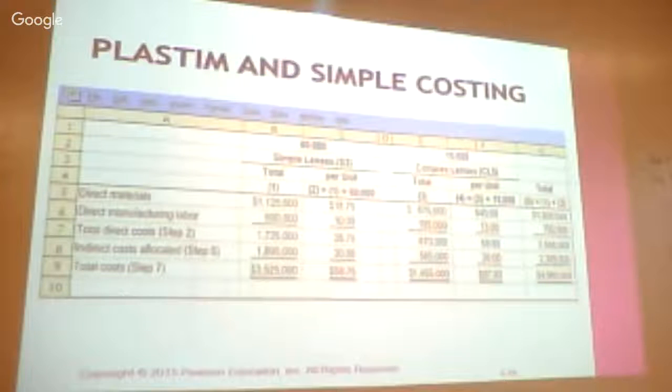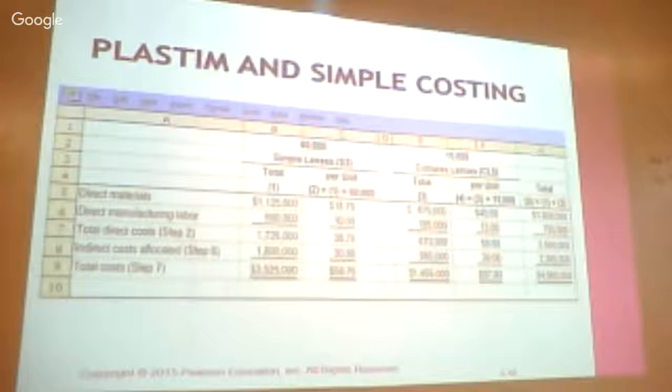Anybody? Yeah, it's 60,000 units, okay, and make 15,000, okay, I get it now. All right, so we're going to be making 60,000 simple lenses and 15,000 complex lenses.